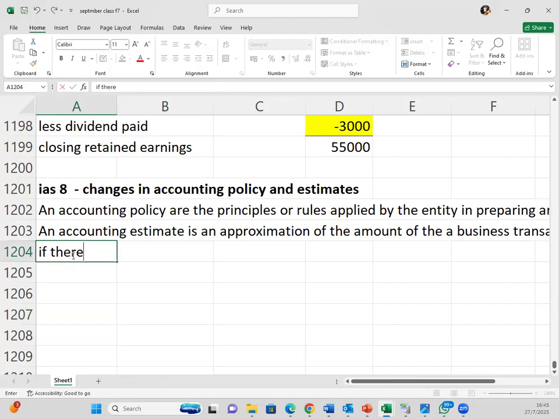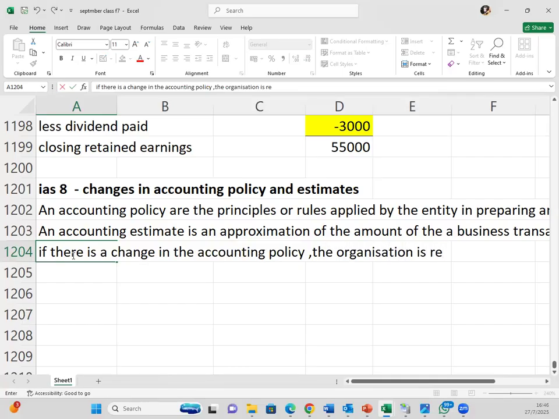So if there is a change in the accounting policy, the organization is required to make a retrospective adjustment. So a retrospective adjustment means we adjust even the prior year financial statements.